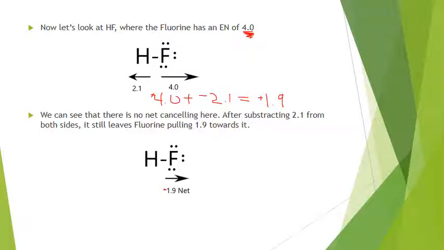Okay, that means this shared pair here is unequally shared, and most of it is being pulled towards the fluorine. So if you were to draw it, the hydrogen's going to be like this, and the fluorine's going to be like this in terms of electrons.